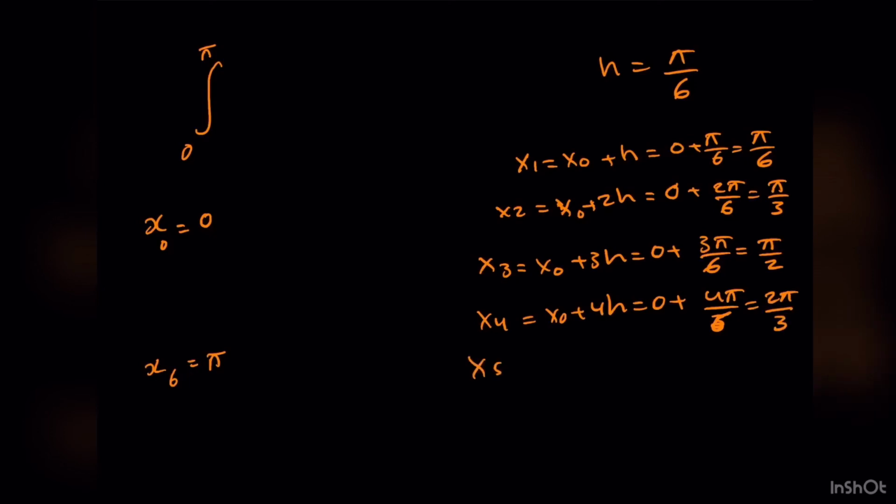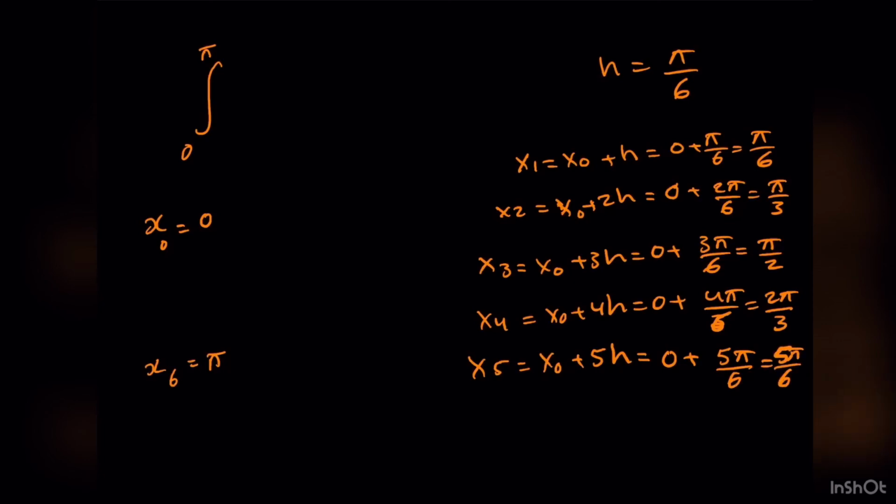And x5 is x0 plus 5h, which is 5 pi over 6.